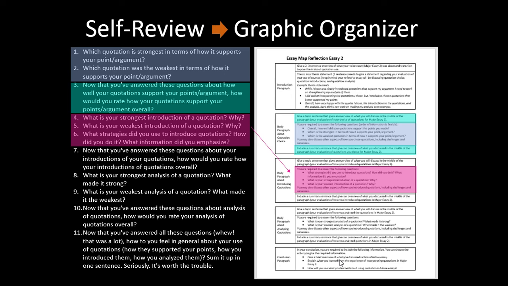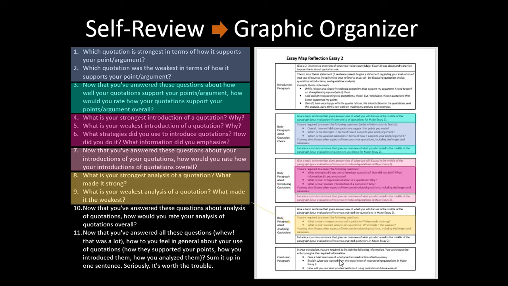So you would put that information from your self-review in the middle of that body paragraph. And question 7 helps you identify the main idea or your overall evaluation of how you introduce your quotations. And then body paragraph 3, the middle is answered in questions 8 and 9. It's about how well you did with the analysis of your quotation. Question 10 will help you get to the topic and summary sentence of that third body paragraph.